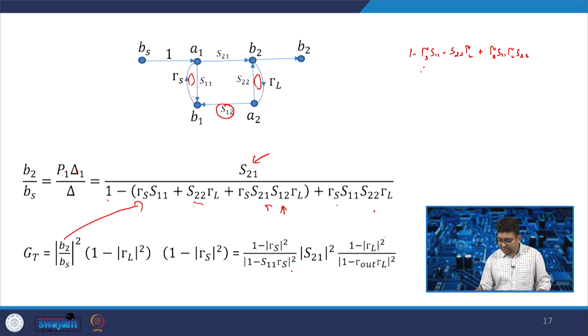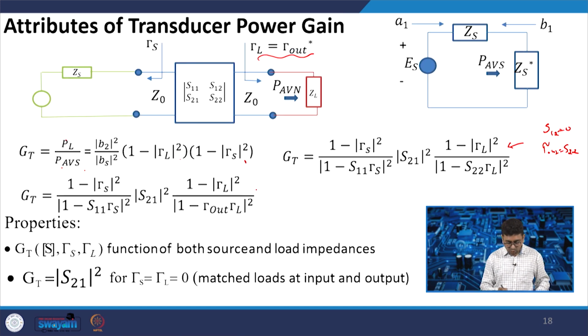You can easily write this as (1 - gamma S S11)(1 - gamma L S22). So, gamma out will be replaced with S22 if you consider S12 equal to 0, which is called the unilateral case.